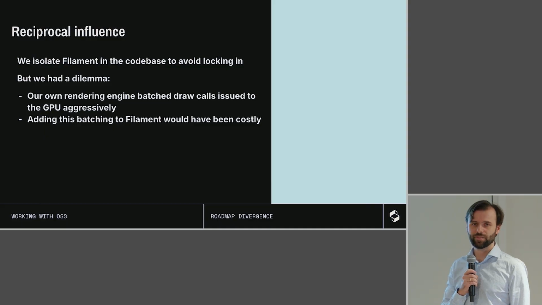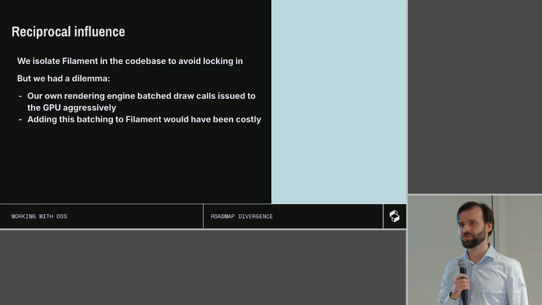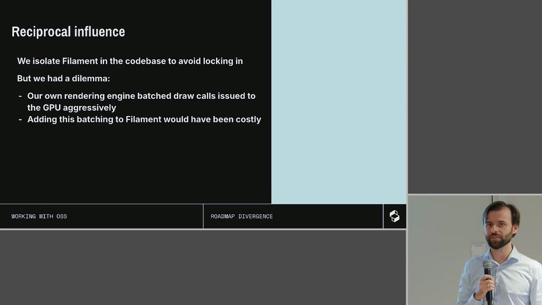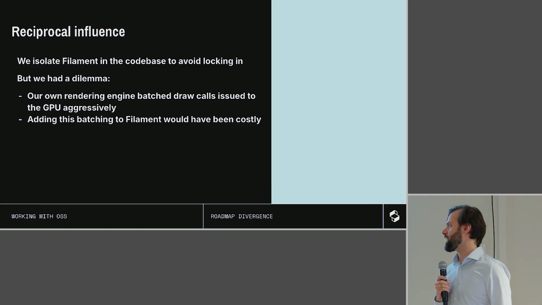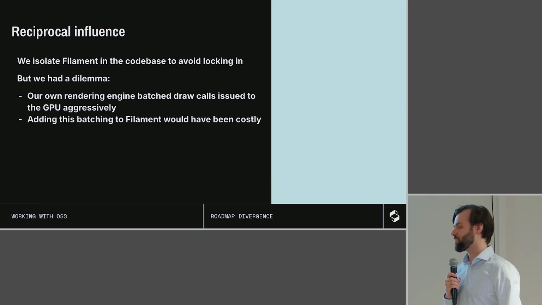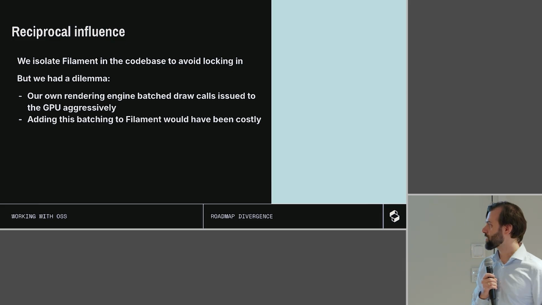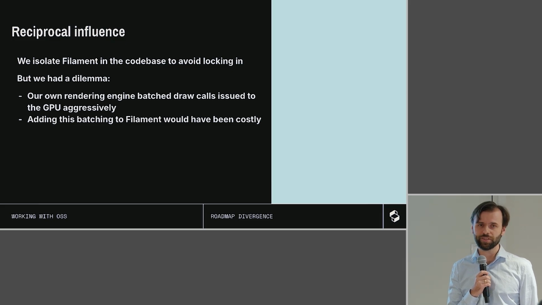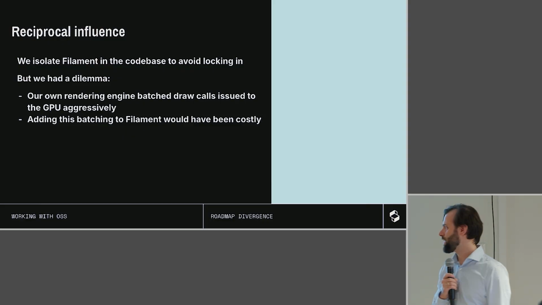And the fewer commands you send to the GPU, generally the better performance you get. So usually rendering engines do something called draw call batching, which means that they try to draw as much as possible with as few draw calls as possible.